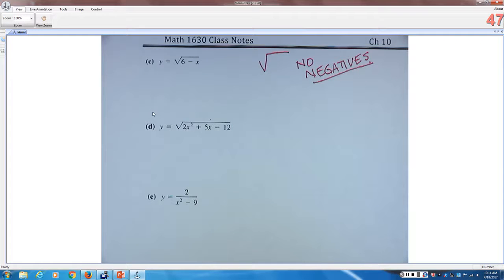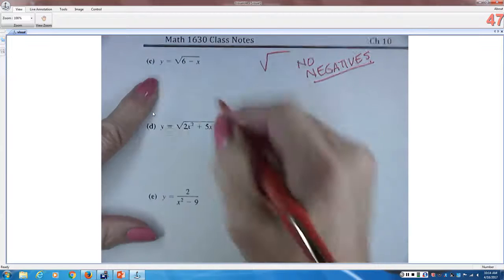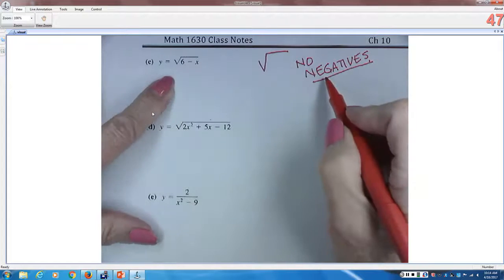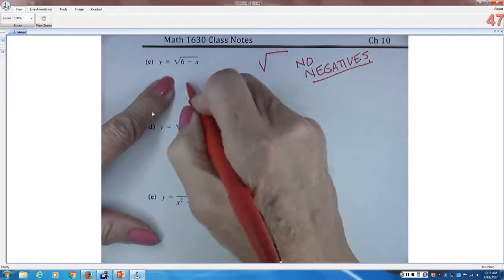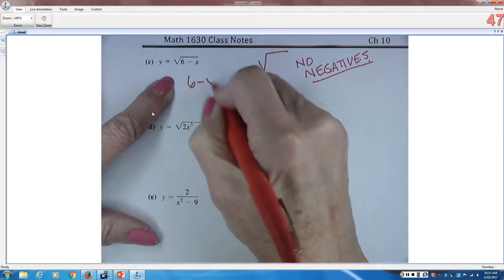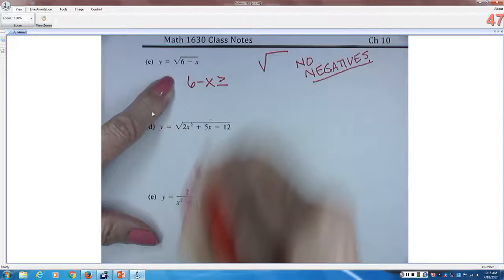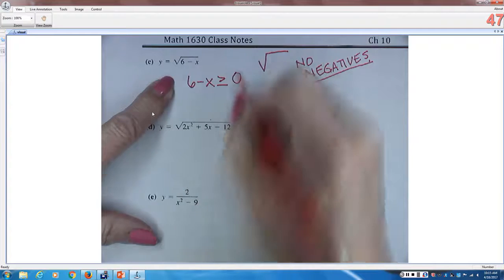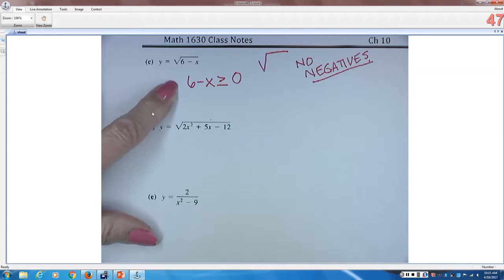Yeah, square root of 0 is 0. So the numbers have to be positive or 0. In other words, 6 minus x has to be equal to or greater than 0. It can't be negative.